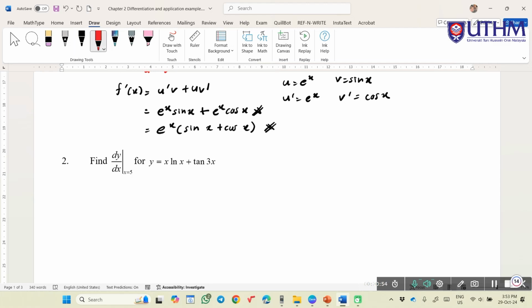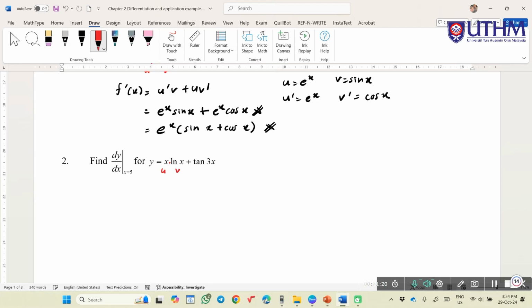So look at this function. For the tangent 3x, this is just one function without any arithmetic operation. However, for the first function, you have your x times ln x, a multiplication of functions. Therefore, we need to apply the product rule.